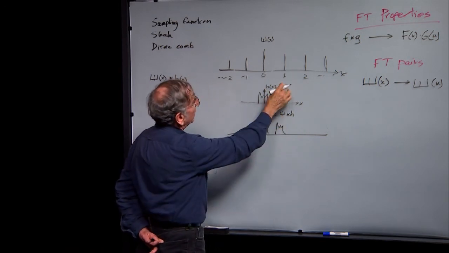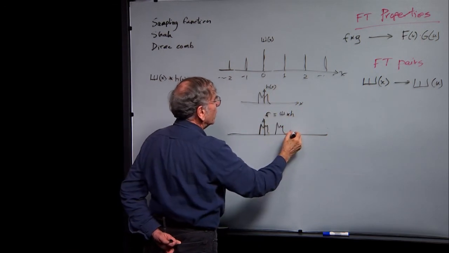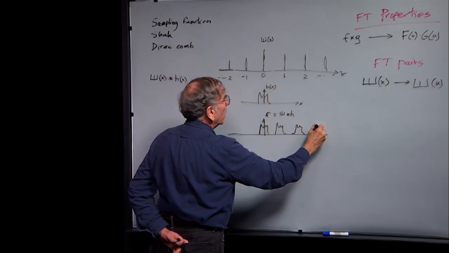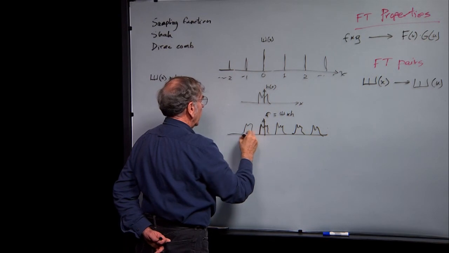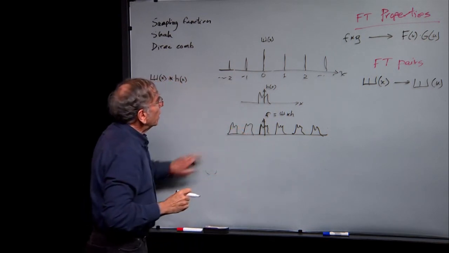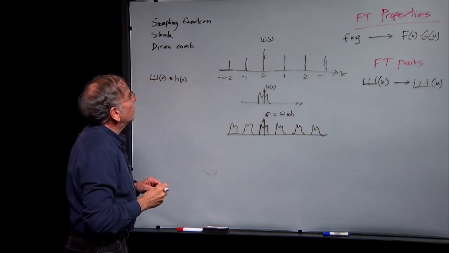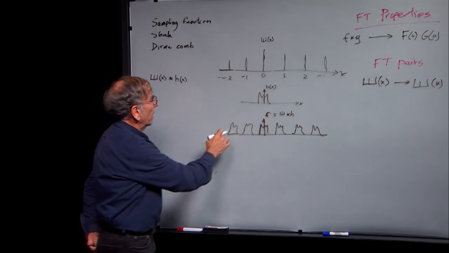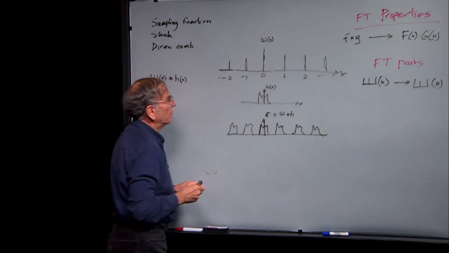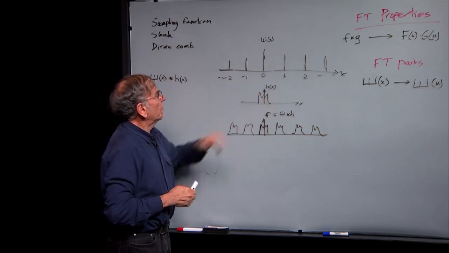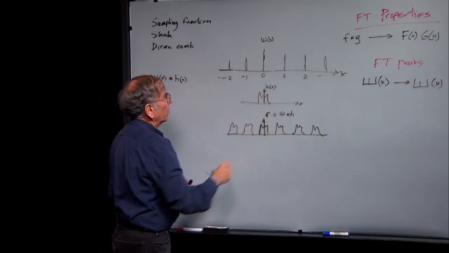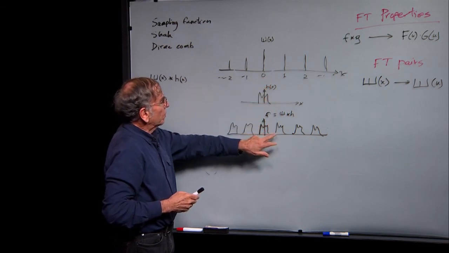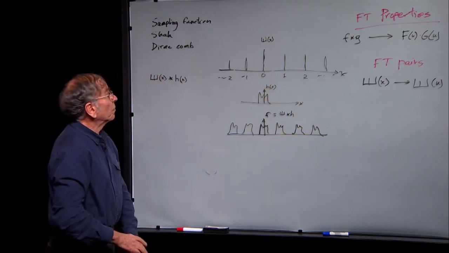It's just going to be displaced over here by 1 unit. And as I consider the infinite number of delta functions that make up the Shaw function, I get many, many copies of my h function, all just centered on integer values 0, 1, 2, and so on.